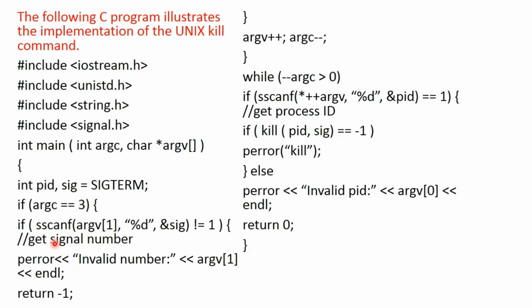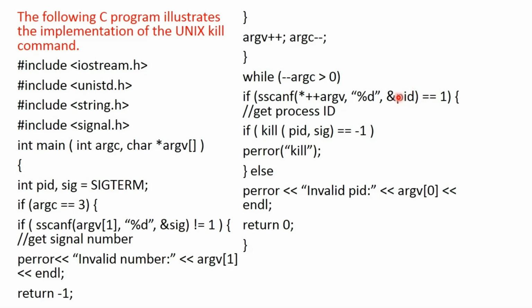If the argument count is equal to 3, then you will get a signal number; otherwise you will get an invalid number and return -1. Otherwise, the argument vector and argument count are incremented and decremented each time based on the arguments given in the command line.